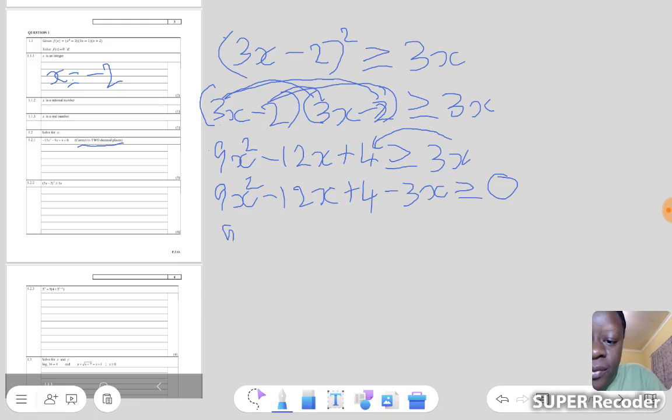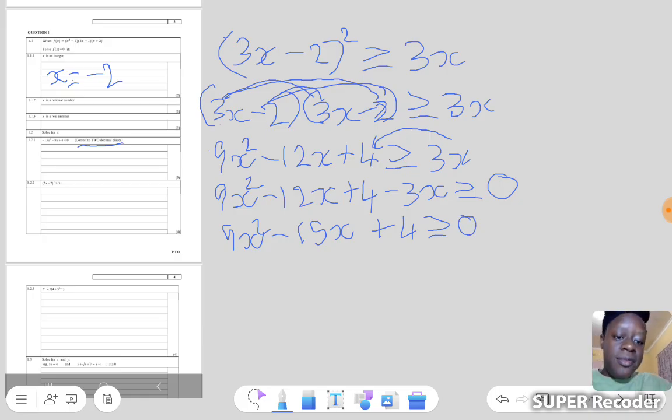So here we have 9x squared minus 15x plus 4 greater or equals to 0.